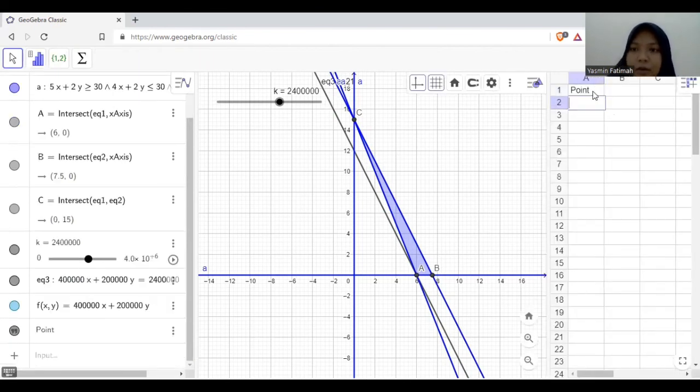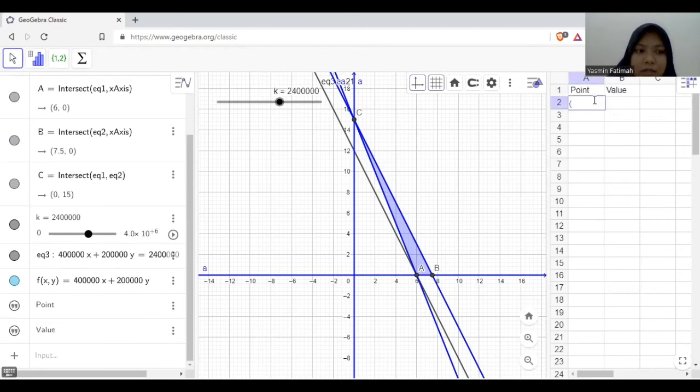The first point is (6, 0), the second point is (7.5, 0), and the third point is (0, 15). And for the values, we can put f(A), f(B), and f(C).